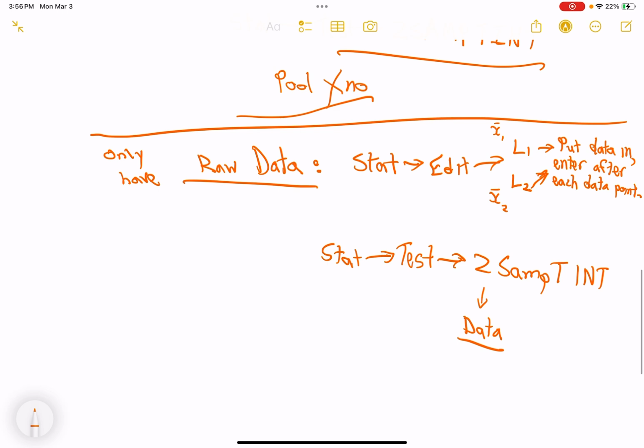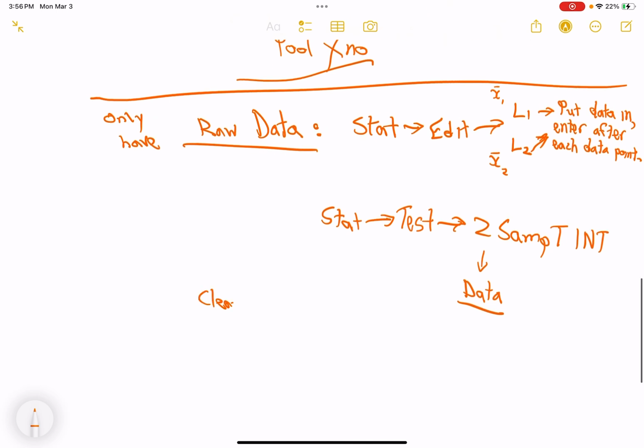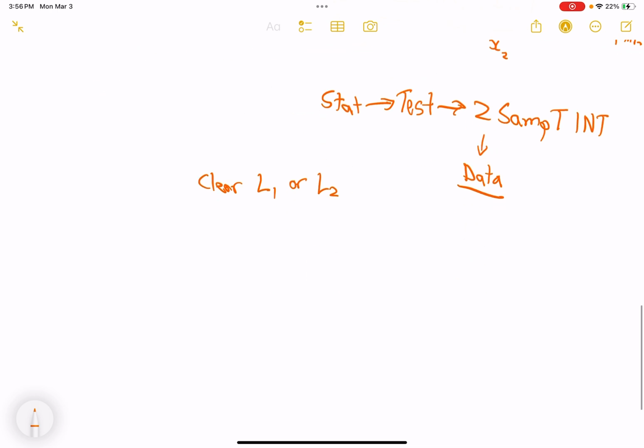When you want to clear the data, what you do is pretty simple. Go up to L1 or L2, whichever one you want to clear. So go highlight above the data itself, go to the very top when you're in stat edit, the very top where it's highlighted over L1, click enter.